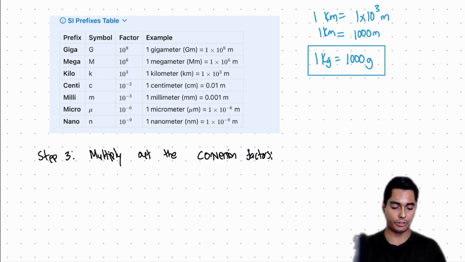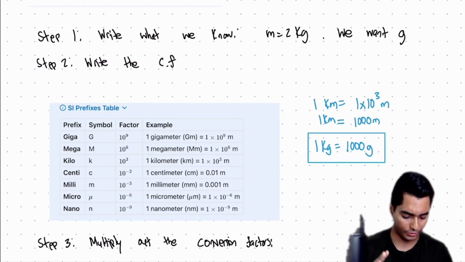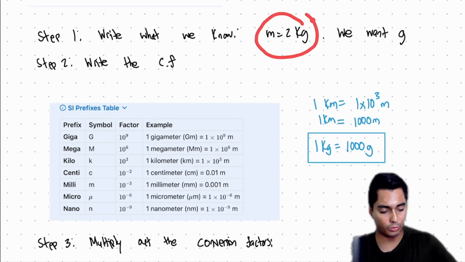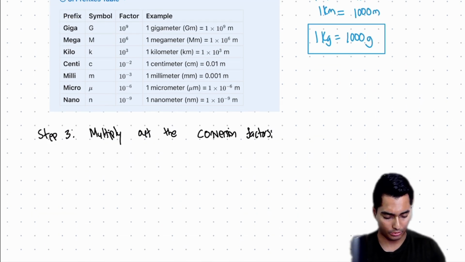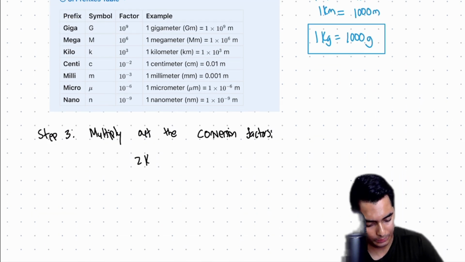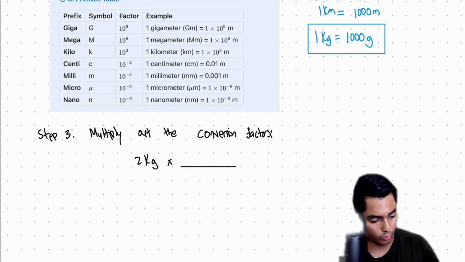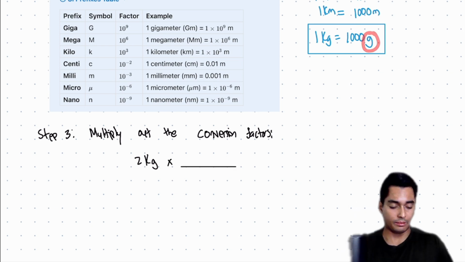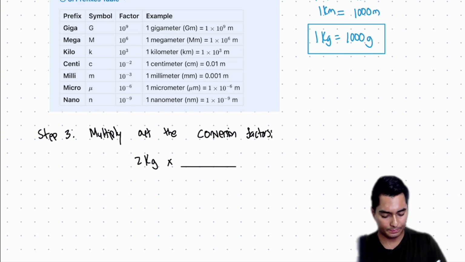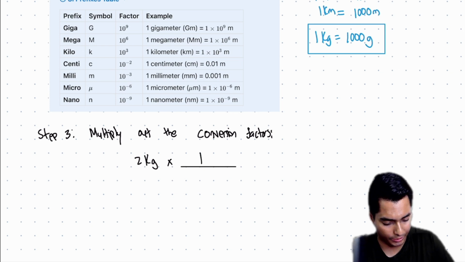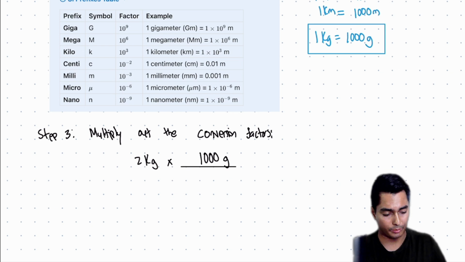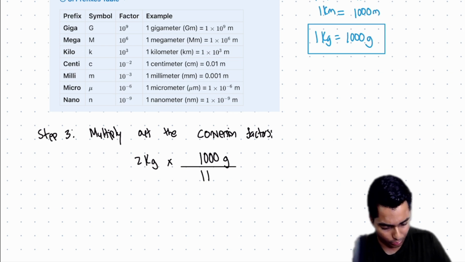So for step 3, we're going to multiply out the conversion factors, starting with what we know, which again was 2 kilograms. So I'm going to start with what I know, that's 2 kilograms. Then I'm going to multiply out. So this time I want grams on top here. So this is where you have to be really careful. If I want grams on top, then I'm going to have to write 1,000 grams on top here is only 1 kilogram.